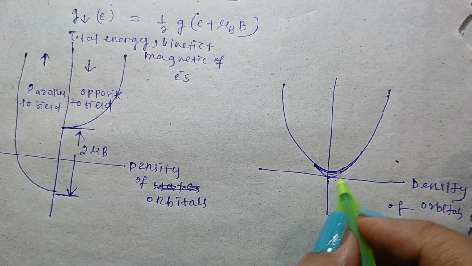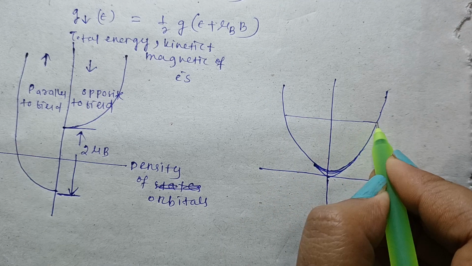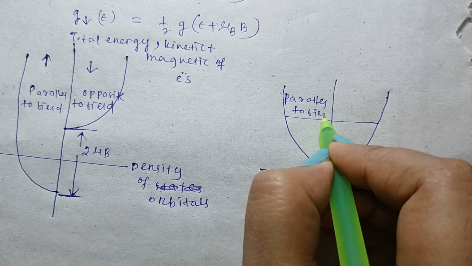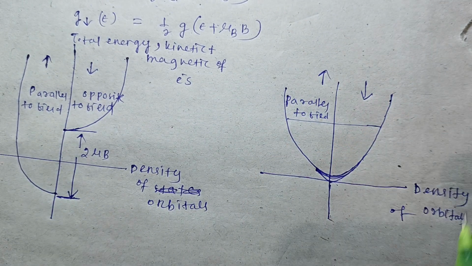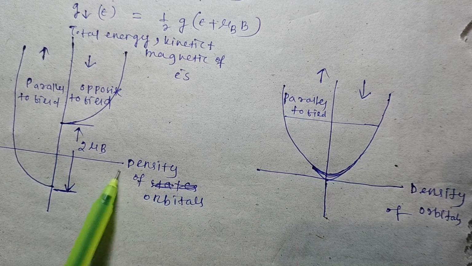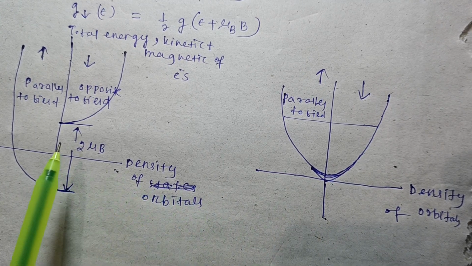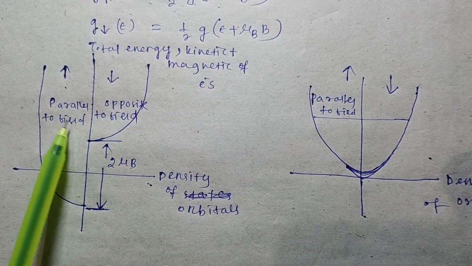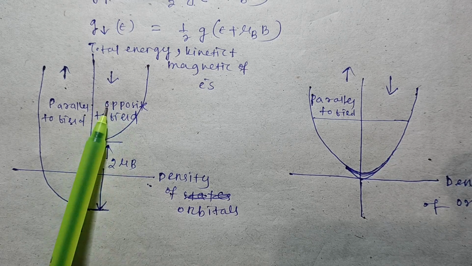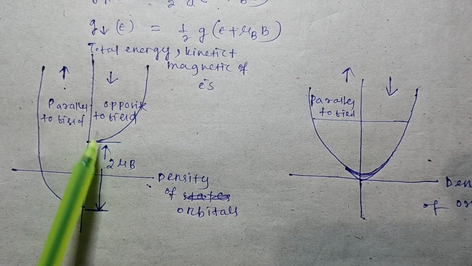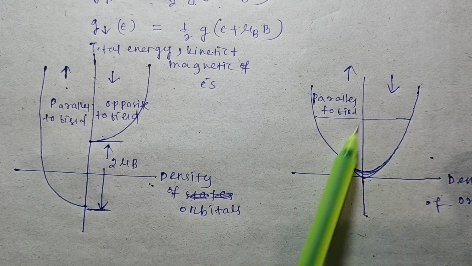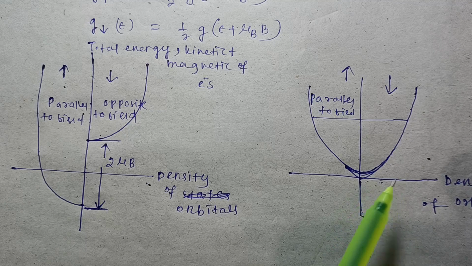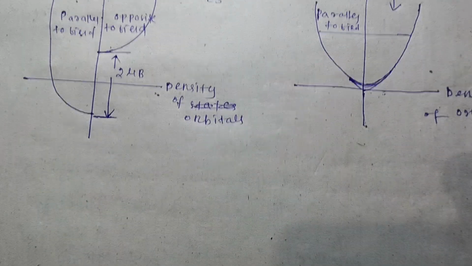This is parallel to the field, up spin, down spin. So see from the graph that we will have a greater number of up spin free electrons than down spin free electrons when we are applying the magnetic field. This excess amount is shown in this second figure, and will contribute to a net non-zero magnetization of the system.